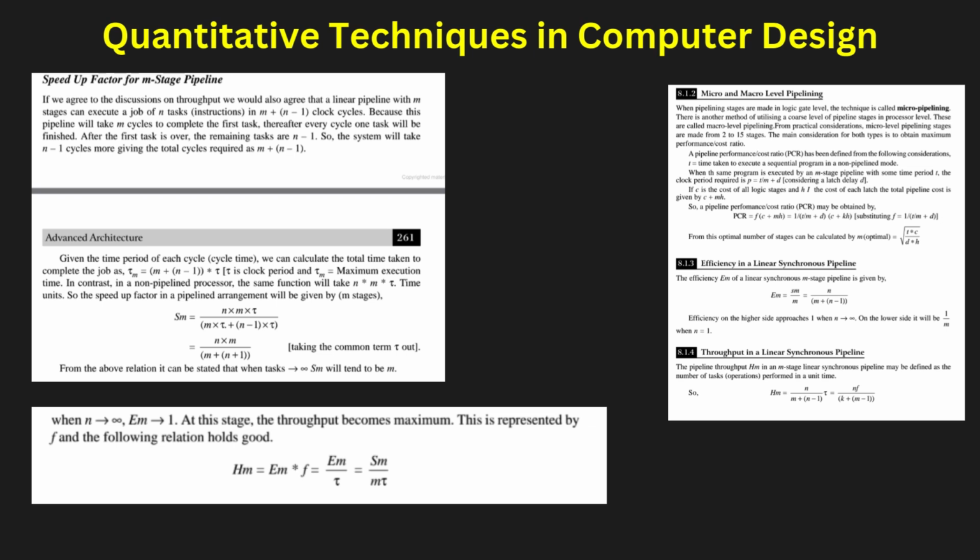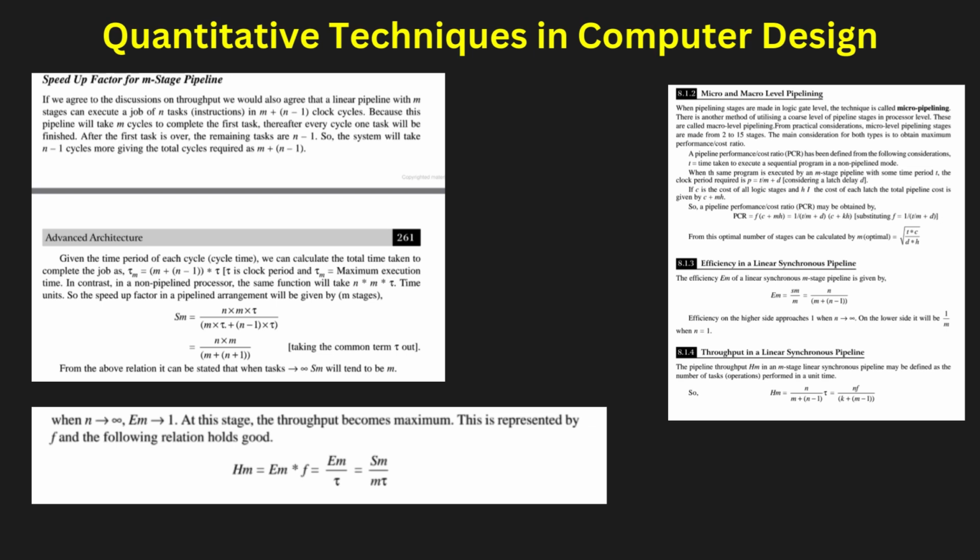However, MIPS can be misleading because it does not consider the instruction complexity. FLOPS, floating point operations per second, is a better measure for scientific computing. So analyzing these metrics allows engineers to make informed decisions on optimizing the CPU design.